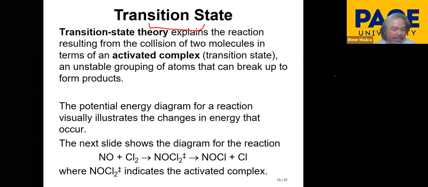This explains the reaction resulting from the collision of two molecules in terms of the activated complex. So what does this mean? Whenever there's a collision, they will go through a transition state, and the transition state is what we call unstable. Now the question is, why are they unstable?